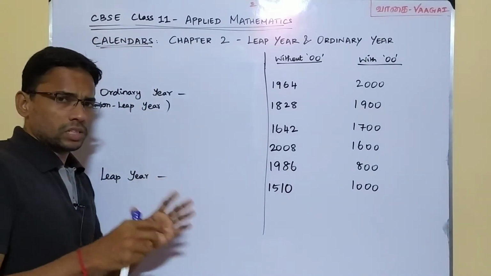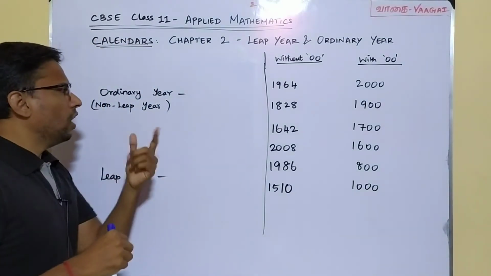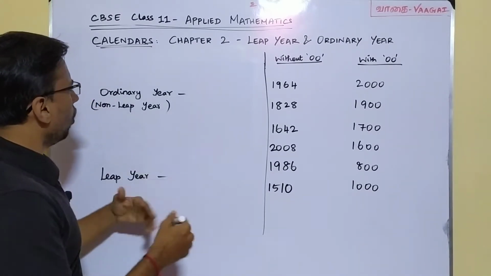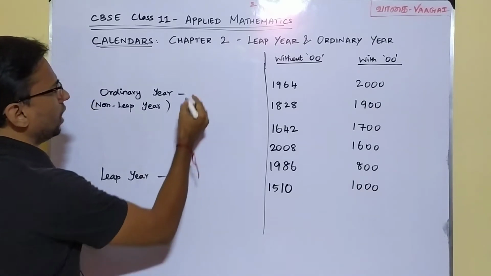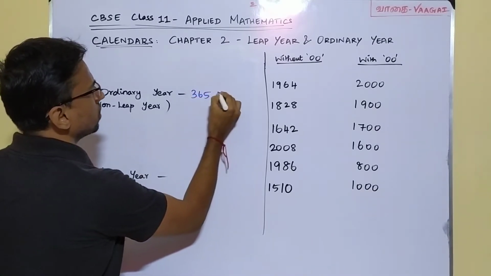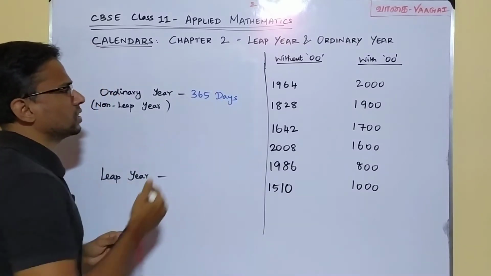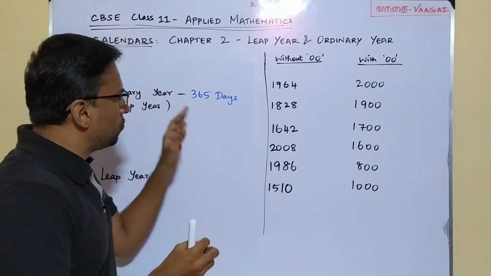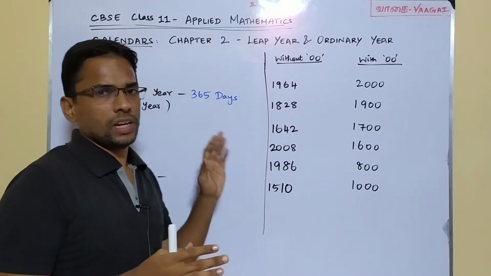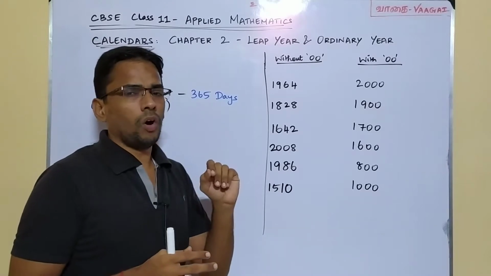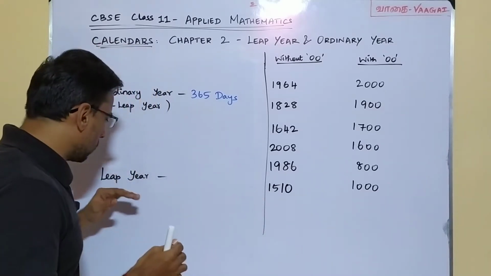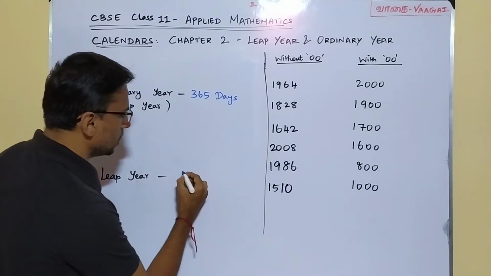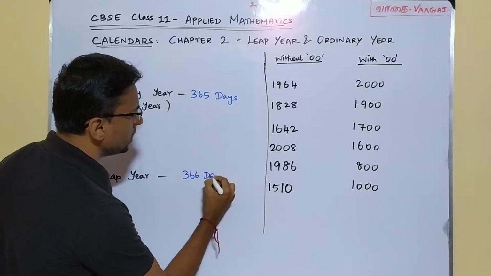Let's discuss in detail. What do you mean by an ordinary year, or a non-leap year? An ordinary year has a total of 365 days, and February has only 28 days. But a leap year has one extra day, so you will have a total of 366 days.